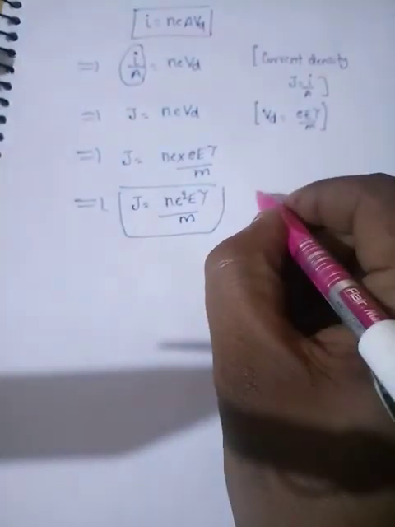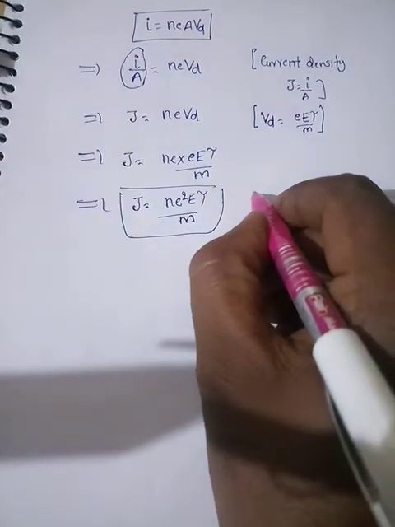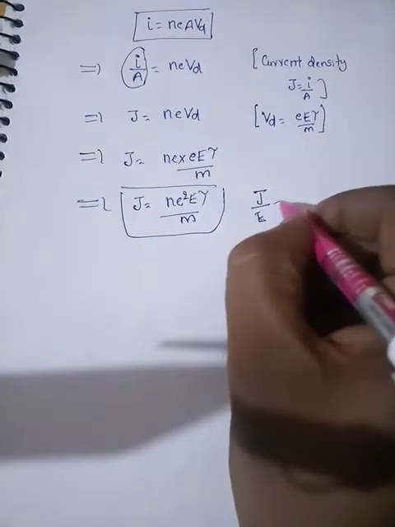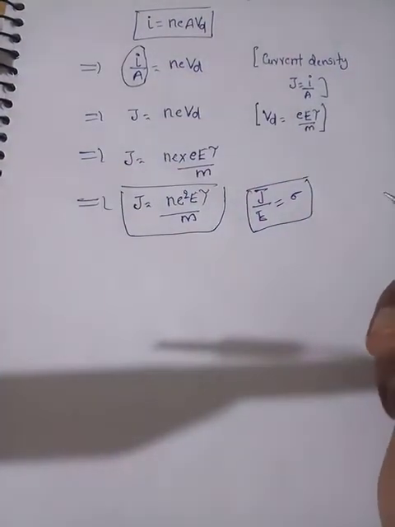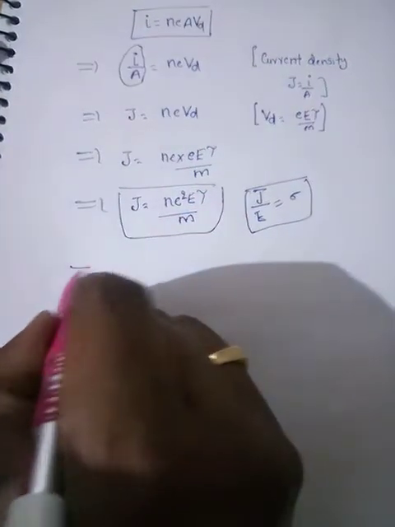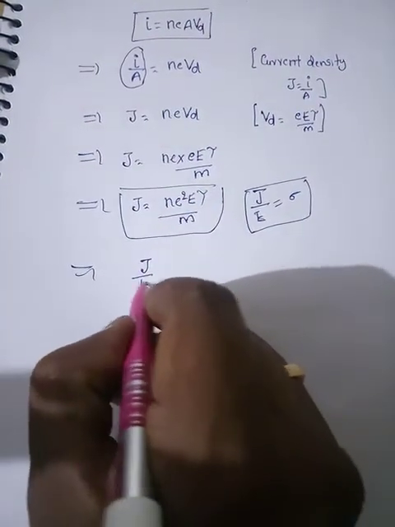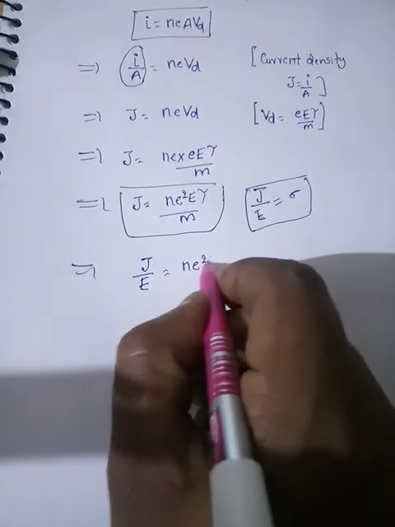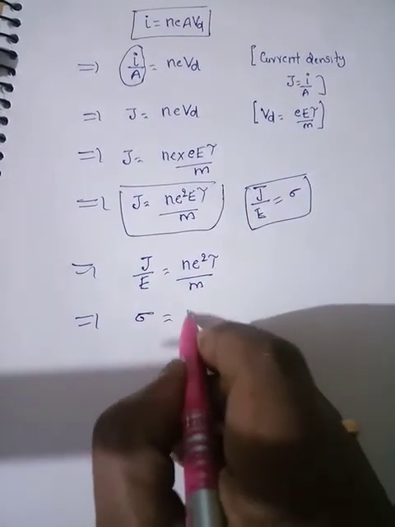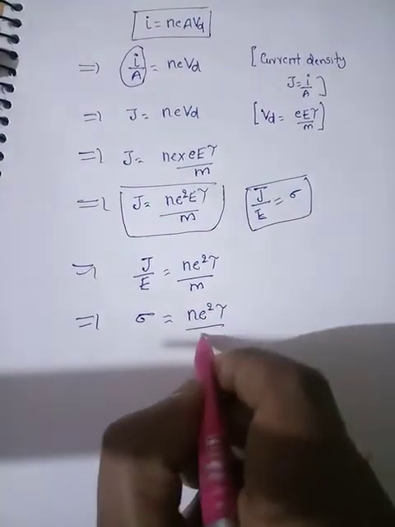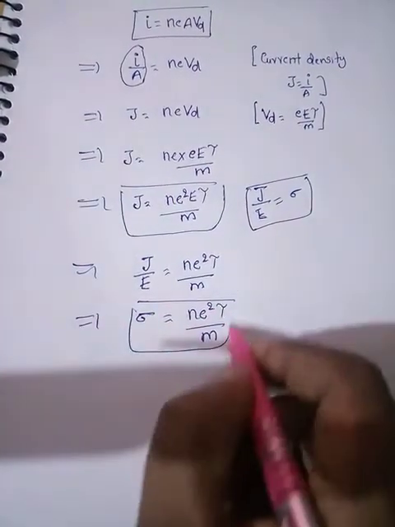Now we already defined that J by E is equals to sigma. We will prove next concept also. So substituting that, J by E is equals to ne squared τ by m. So sigma is equals to ne squared τ by m.